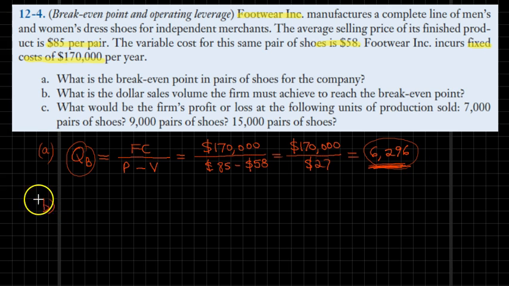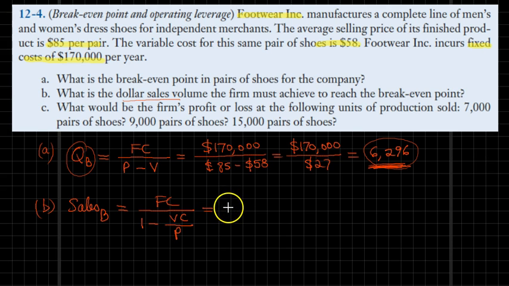Now in the second part, part B of our problem, we need to find a sales volume that will break even the company again. So that's an alternative way to approach the problem. The break-even sales is equal to fixed costs in dollar terms divided by 1 minus variable cost over sales price.